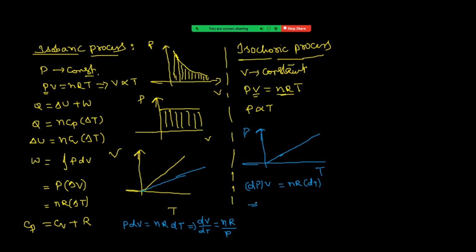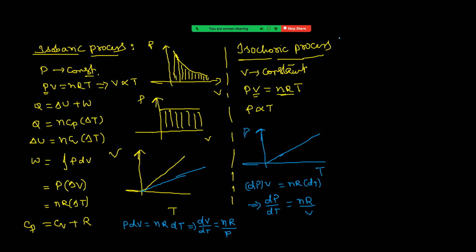Okay. And here slope means dP by dT. dP by dT equal to nR by V. So slope of pressure temperature graph gives nR by V. So slope more means its volume is less, right? So more slope, less volume.